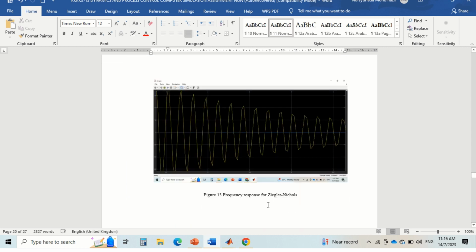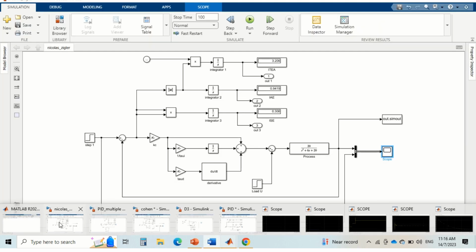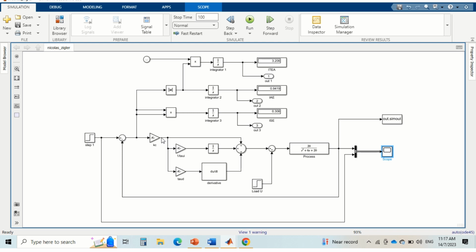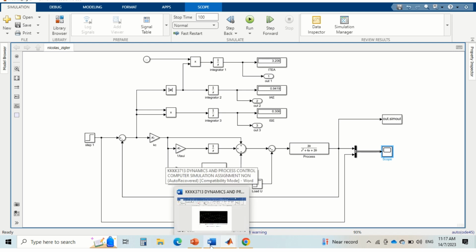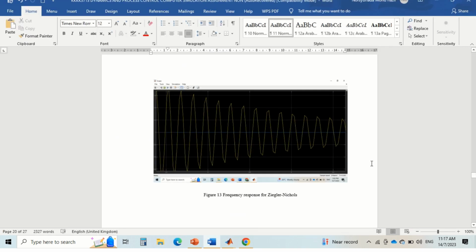To get this frequency response for Ziegler-Nichols, I'll set the 1 over tau I and tau D to 0. And once I run the simulation, I'll get this graph here.